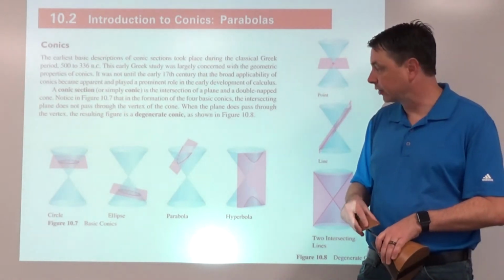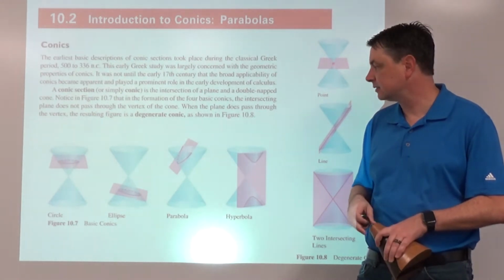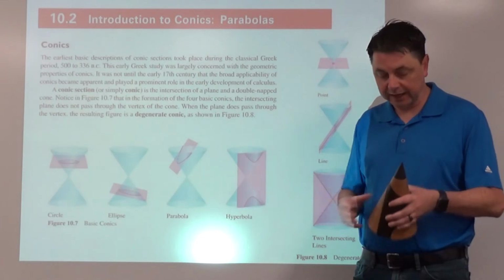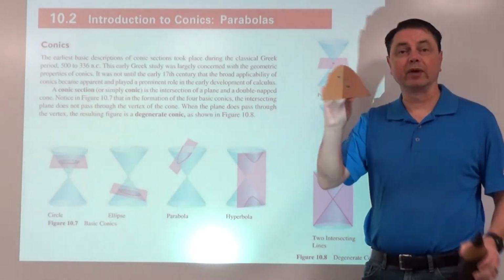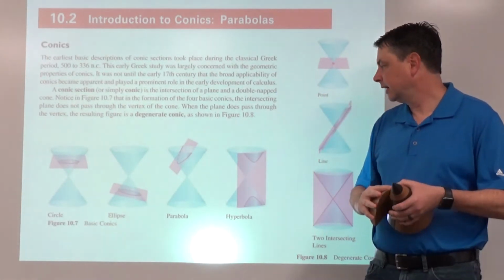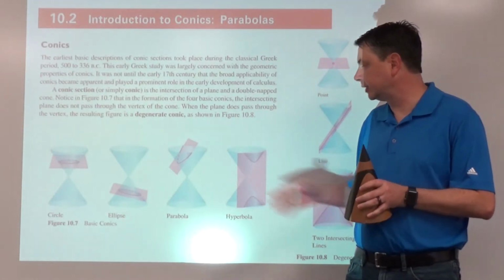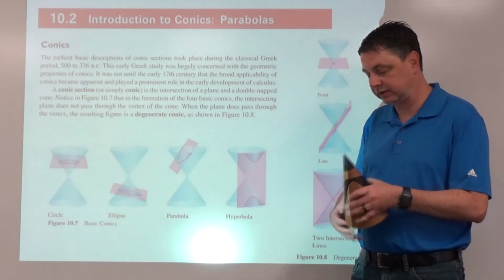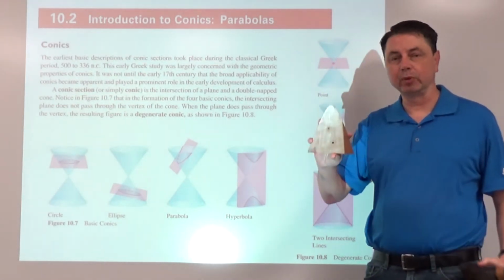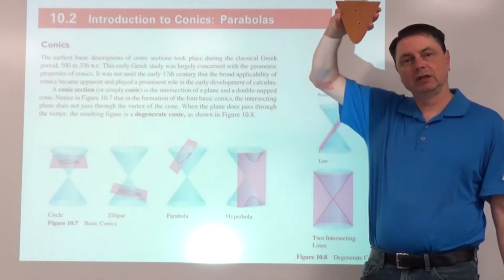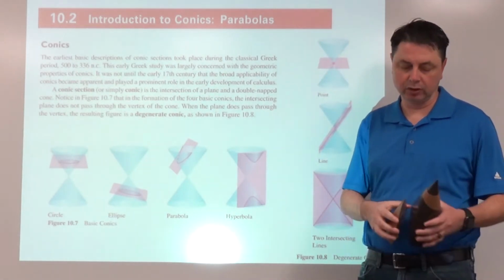If we slice it through the theoretical base at an angle, we're going to get a parabola. And if we slice it straight down and not through the center, perpendicular to the theoretical base, we would get a hyperbola. Notice there's two parts to it. We call it two branches. So that creates the hyperbola.